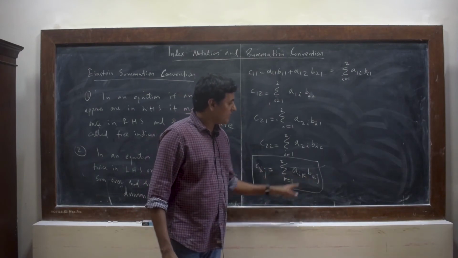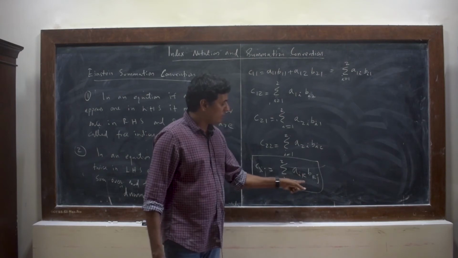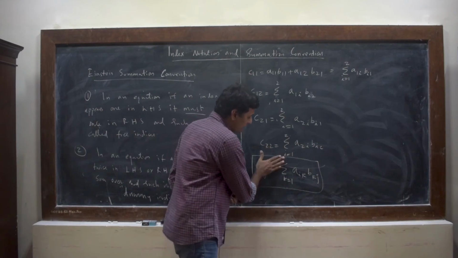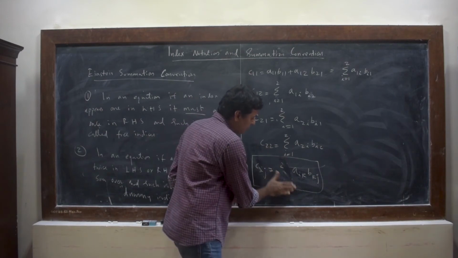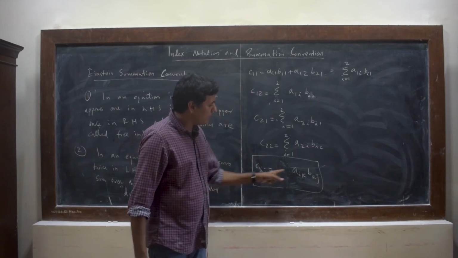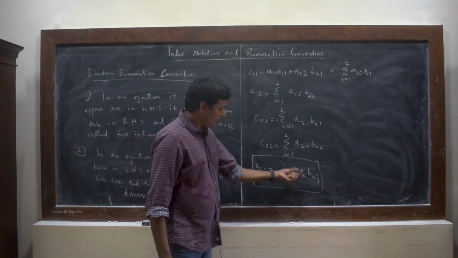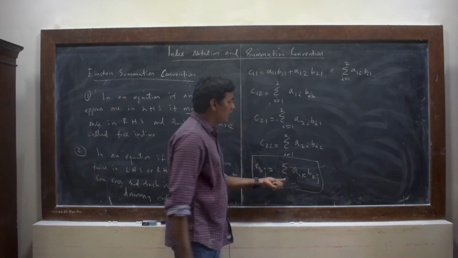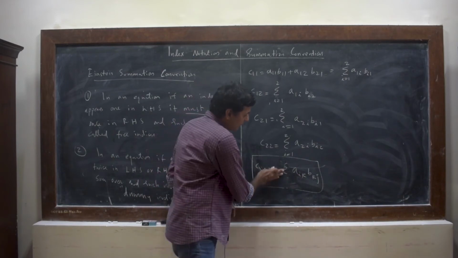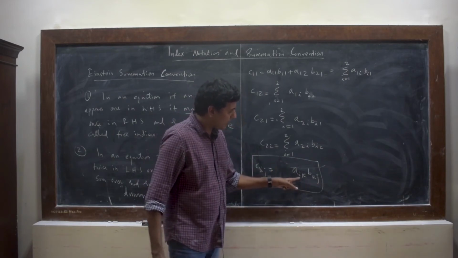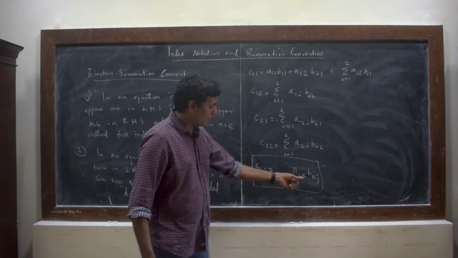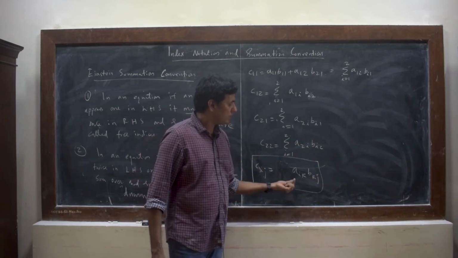In such cases the index must be summed over, and then you do not need the summation symbol anymore. So if you use the Einstein summation convention, you can simply write Cij equal to Aik Bkj, and the summation is implicit here, because if an index appears twice, it must be summed over. That means in Aik Bkj, k is a dummy index and it must be summed over, and you will get exactly the same result.